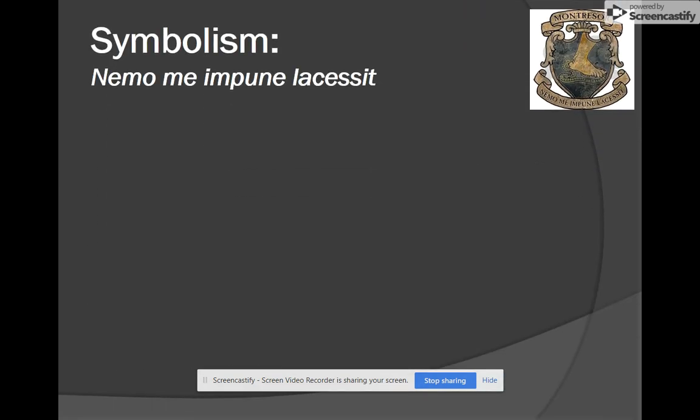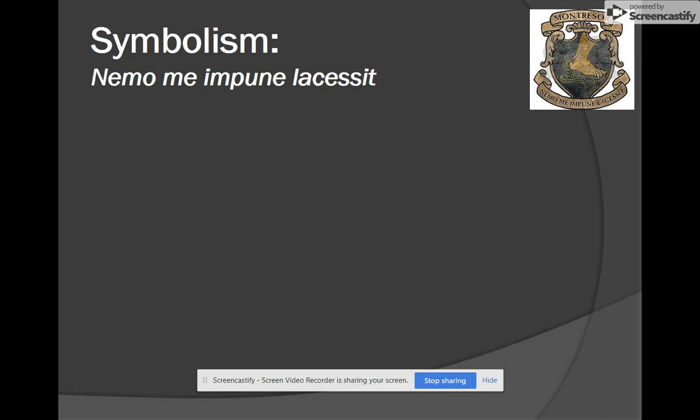There is a symbol in here that is important, and of course, this is not a report on symbolism, but there is a symbol in here which kind of also leads to this idea of the treachery of Fortunato, according to Montresor.